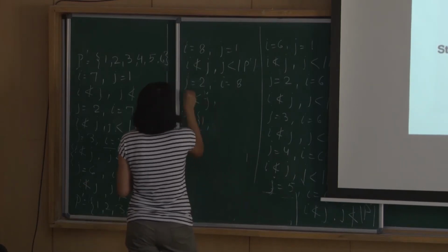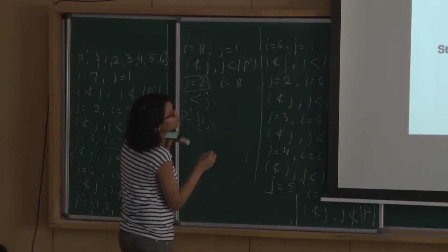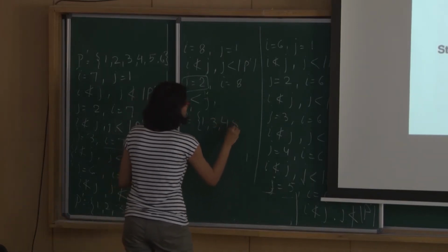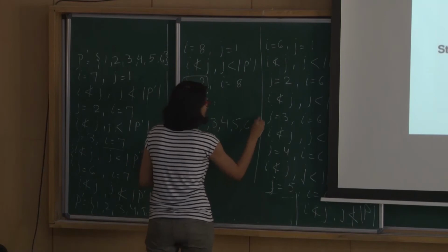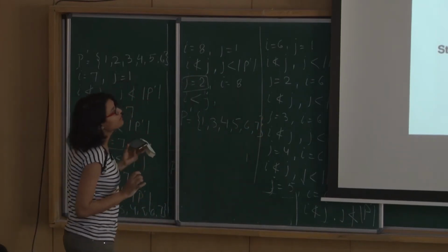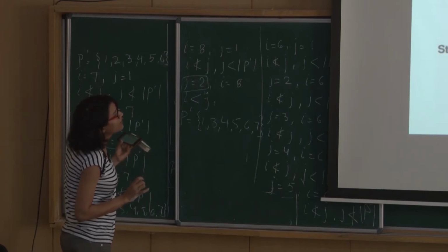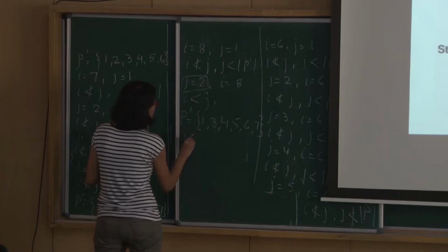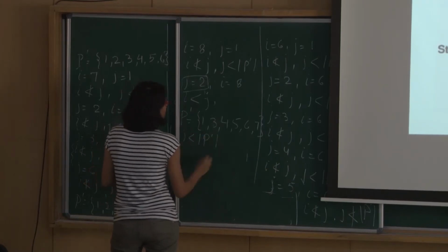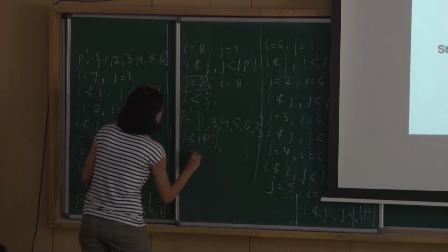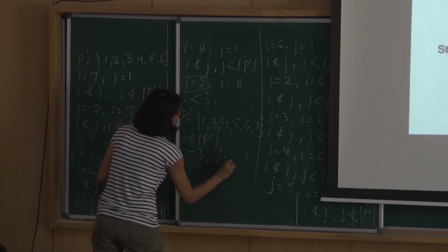No, 2. J will be deleted. Yeah, J is deleted, 1 and 3. After that, J is less than P dash, so then J is equal to J plus 1. J is 3, I is 8.